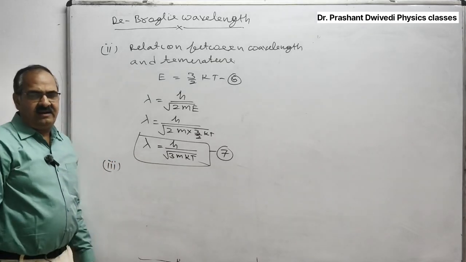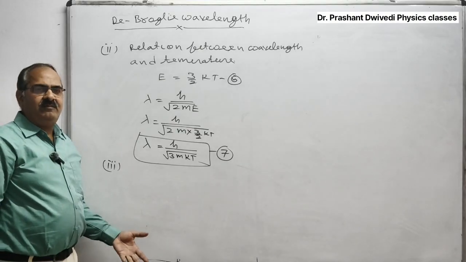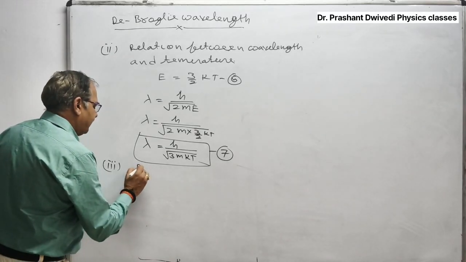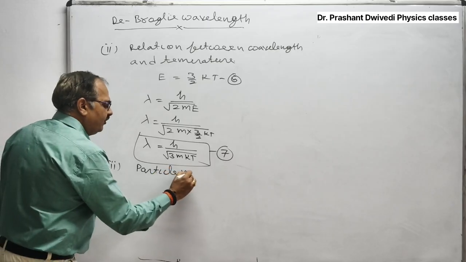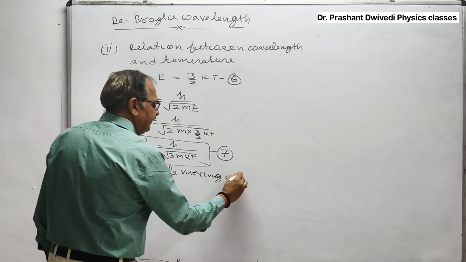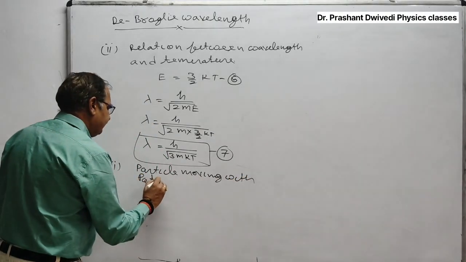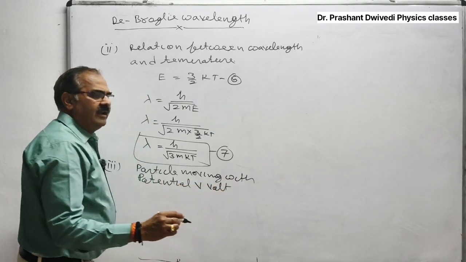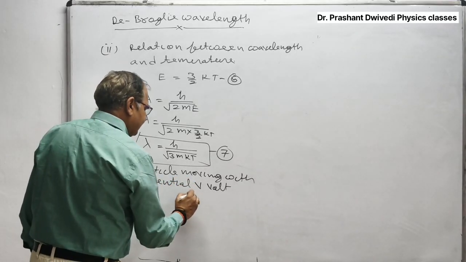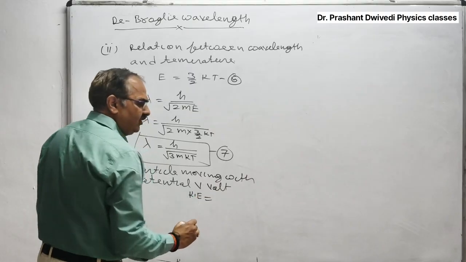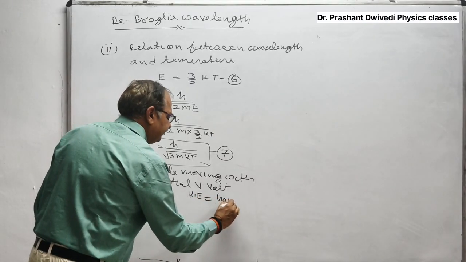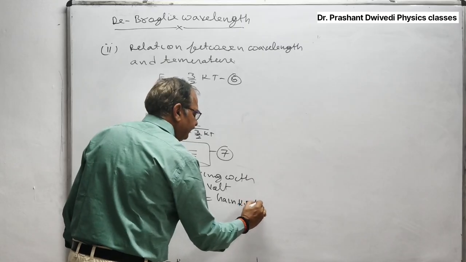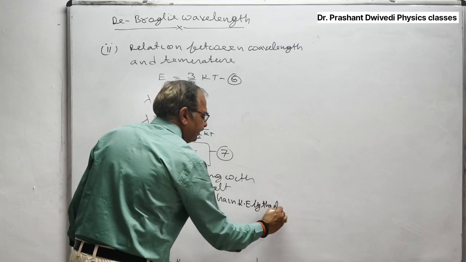And the third condition is when a particle moves with potential V volt, then the kinetic energy is equal to the kinetic energy gained by the electron.